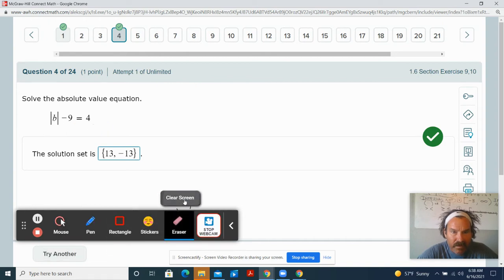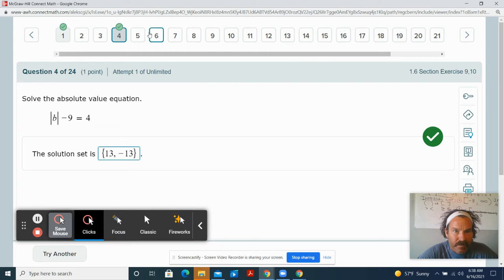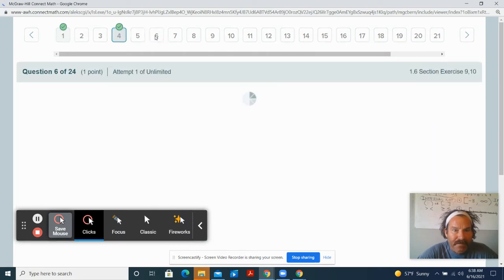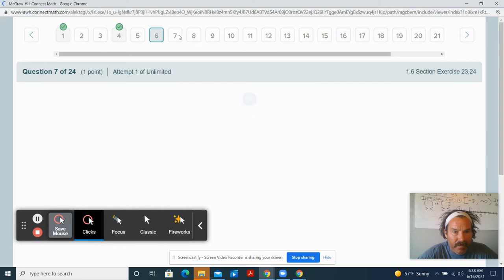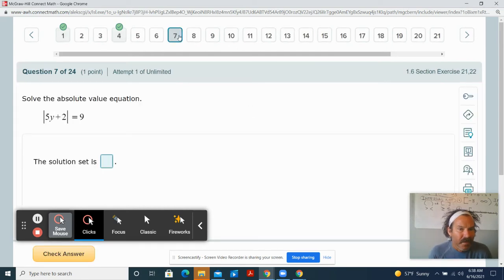Erase this. All right, so this one here, instead of having just a variable inside, there's an expression inside, but the absolute value sign is isolated.